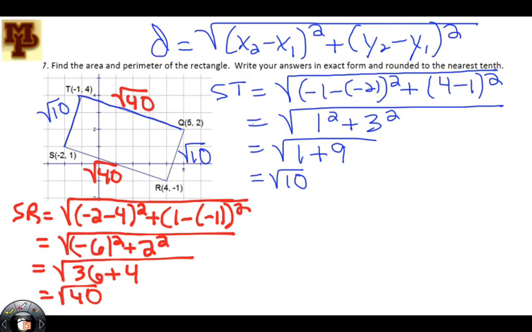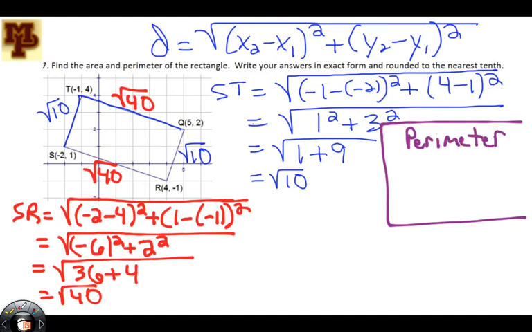So let's do the perimeter. Perimeter is just adding up all of the outside. So perimeter equals adding all those up.